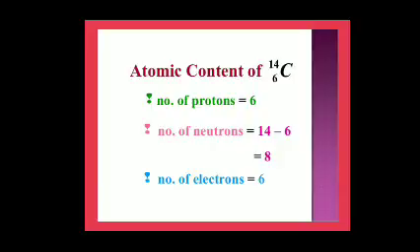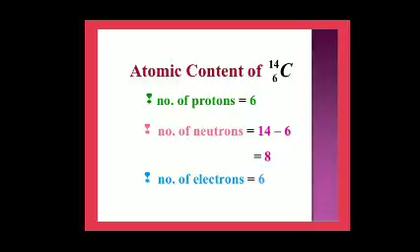Here, the isotope of carbon, C-14 (atomic number 6). The number of protons, atomic number Z, is equal to 6. The mass number A, or atomic weight, is equal to 14.